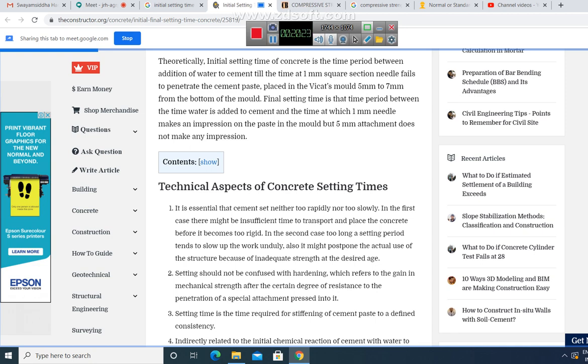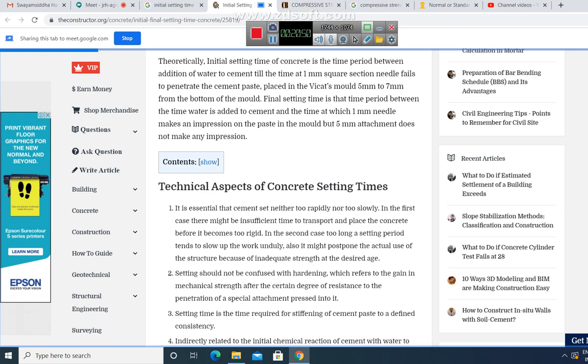That needle is having a 1 millimeter square side. You are placing a cement paste within the mold of the Vicat apparatus, and you are allowing the needle to fall onto the specimen kept in the Vicat mold. So the needle will fail to penetrate the specimen. That time period you call as the initial setting time.